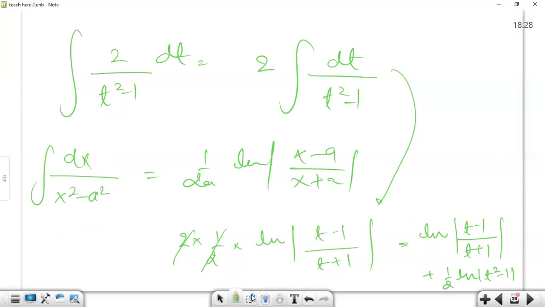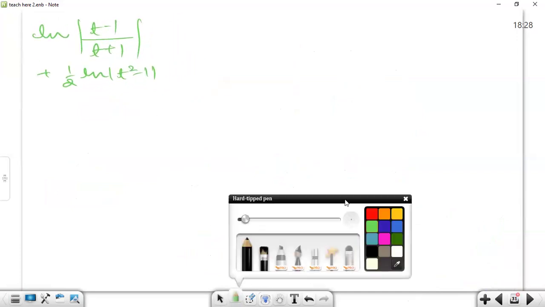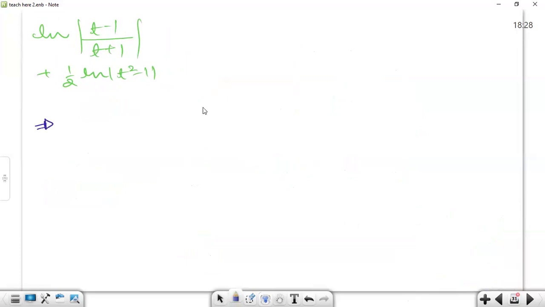So now solve this. Now let's solve this on the next page. Now let's expand the logarithm.